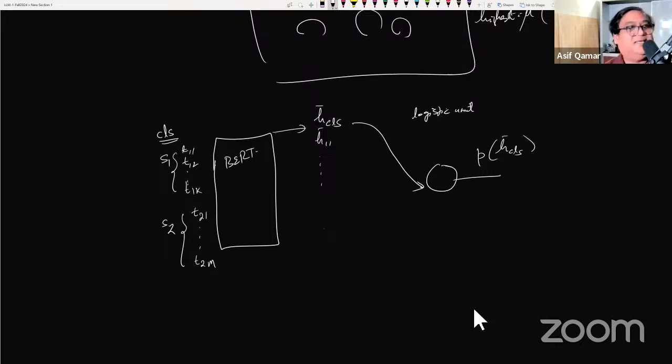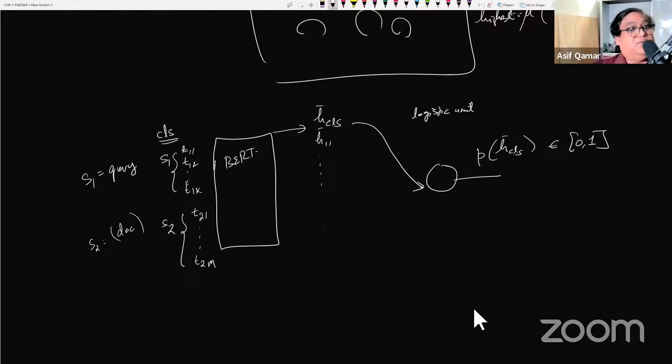Now we can train this machine to produce the probability or the measure such that if S1 is the query, and S2 is some document, some text, it will tell us how similar or how relevant the document is to the query, isn't it?